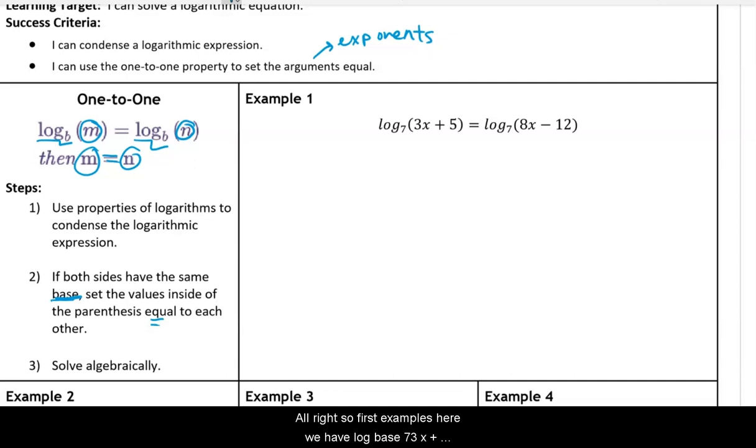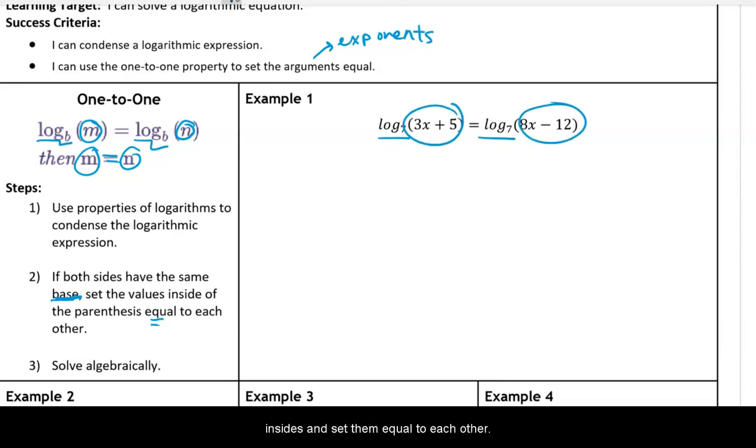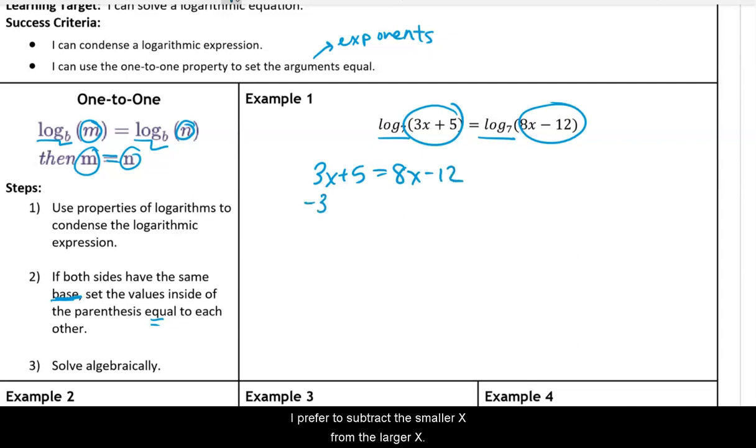All right, so our first example here, we have log base 7 of 3x plus 5 equals log base 7 of 8x minus 12. Notice how our logs match. So we're going to take the insides and set them equal to each other. Now, I prefer to subtract the smaller x from the larger x.